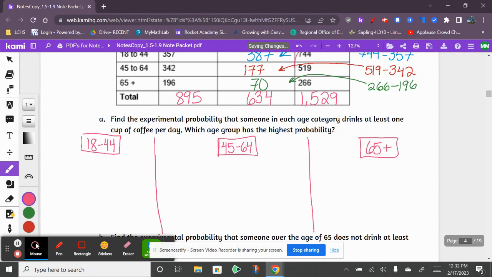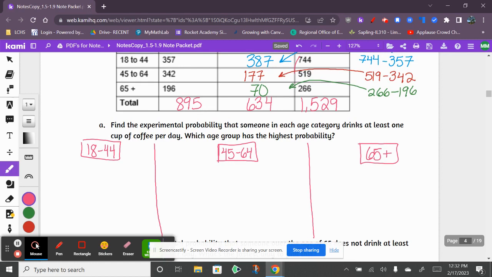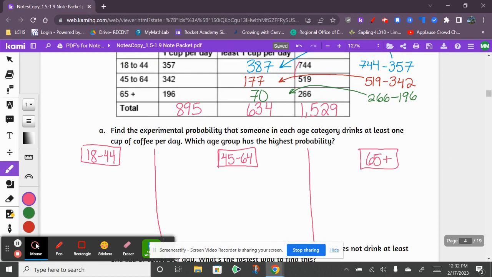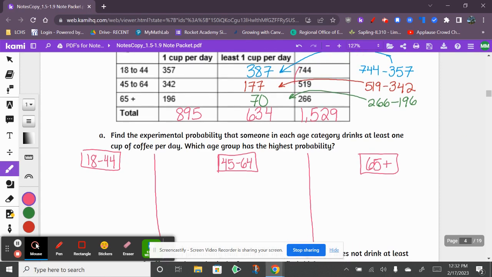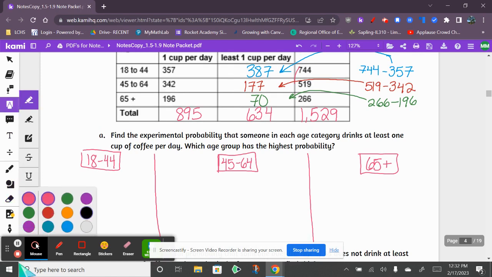So when we look at each of these age groups and we're trying to find the probability of them drinking at least 1 cup per day, we want to only look at that specific age group. So for instance, the age group of 18 to 44, I'm only going to use these values. I'm not going to use any of the other totals.